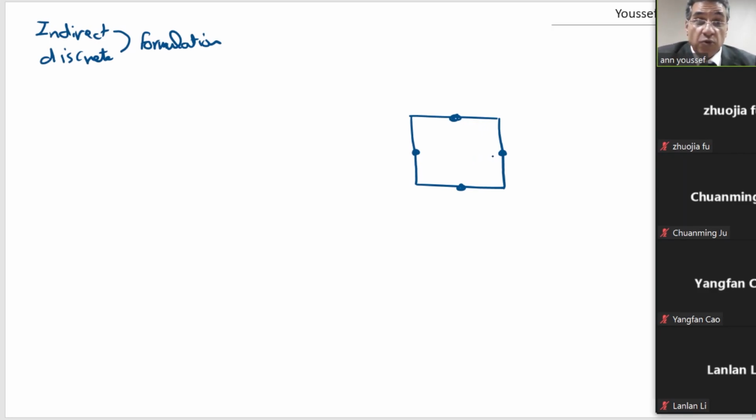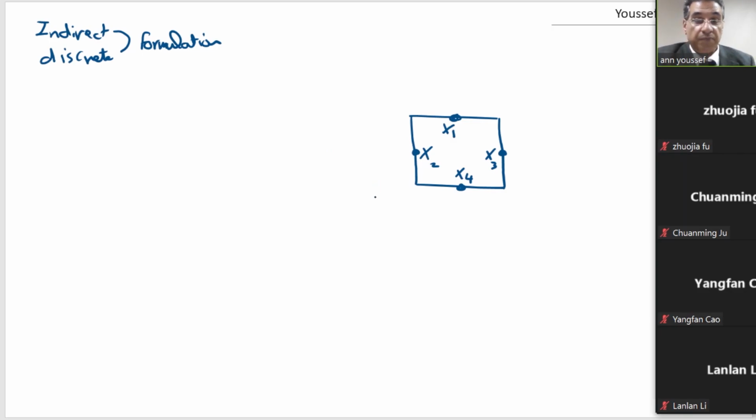I can choose more than one point, but for simplicity now, I'm going to choose just a single point at each boundary. This point will be x1, this one will be x2, this one will be x3, and this one will be x4.